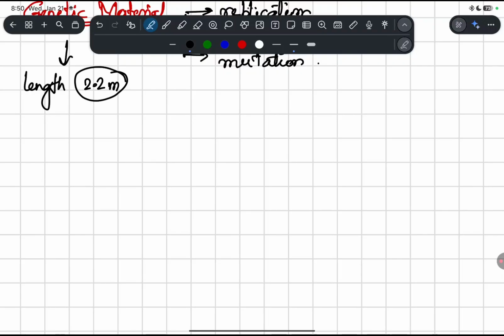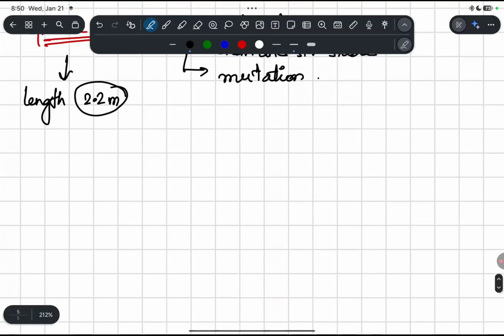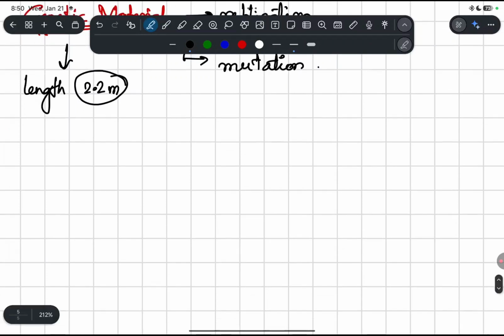There are thousands and billions of DNAs present in our body, so how will that fit in? They get coiled around a protein known as histone protein.